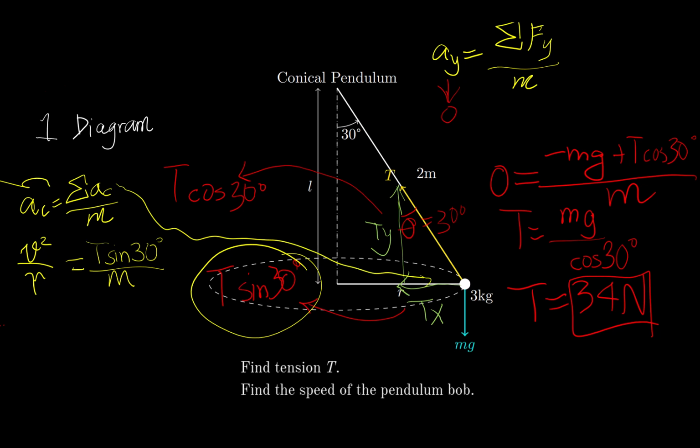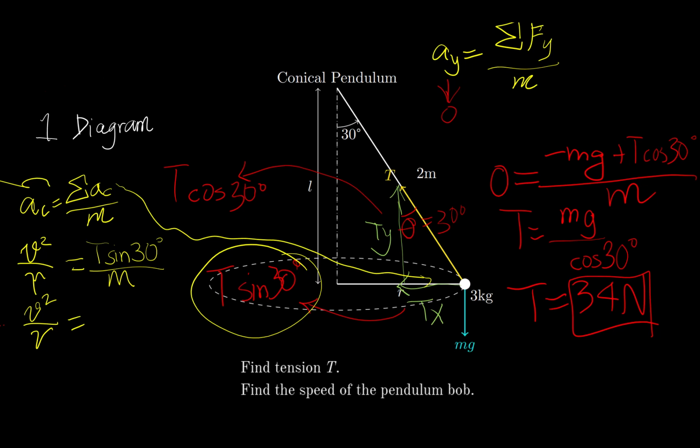So still pretty easy, trivial. And v squared over r is T sin 30 over m. We got it? So it's pretty obvious too.